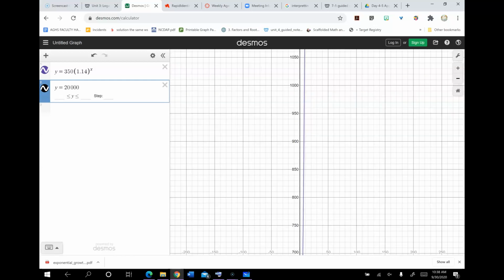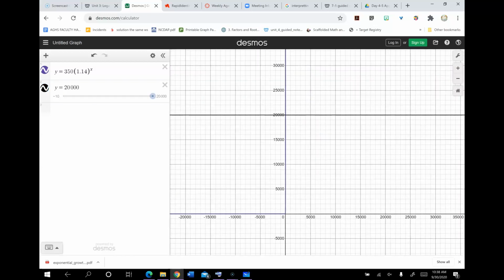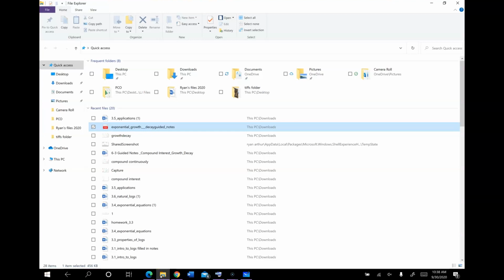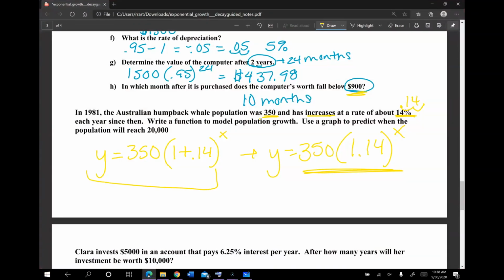So we're going to have to zoom out a lot for this one. There it is. So how many years will it take? About 31 years. That's crazy. Isn't that crazy? So it's going to take about 31 years for it to reach 20,000 people. That is absolutely crazy. Okay, to think about that many years in the future.